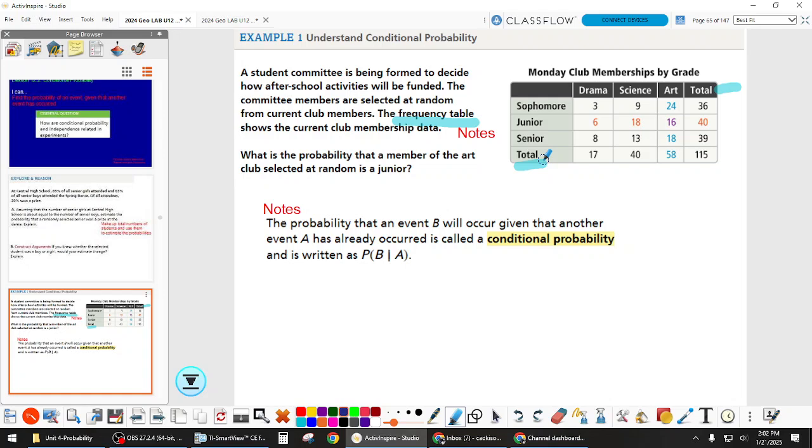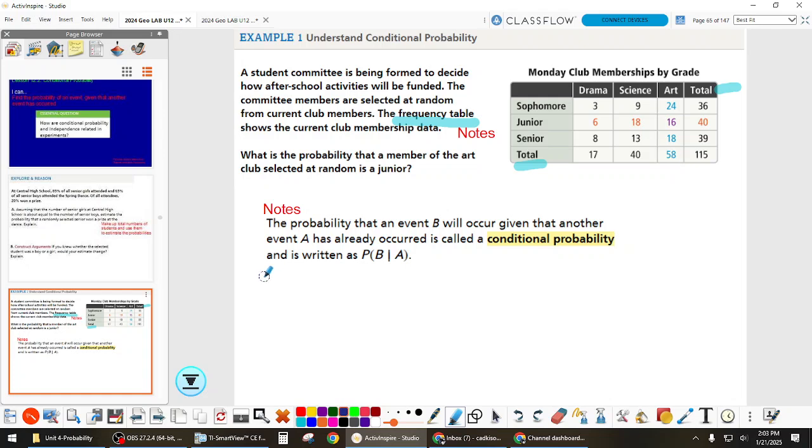Does knowing that we're picking a junior affect how many kids that we look at for art? It affects it, right? It is not independent because in terms of art, that's not the same category or same number as the other two classes. They're the least. So knowing that it's a junior affects how many art students we're looking at. Not independent.